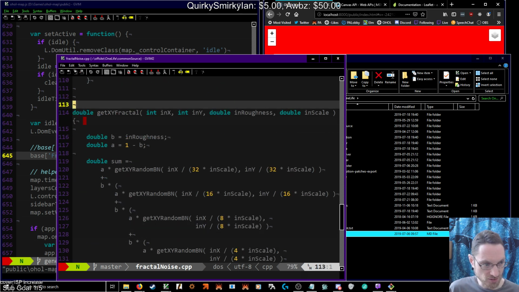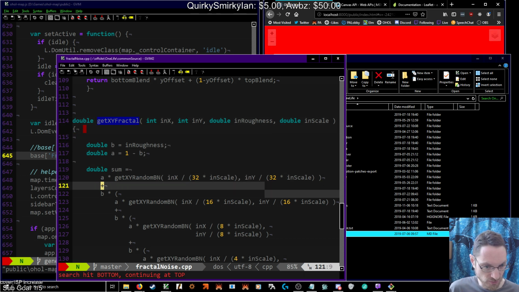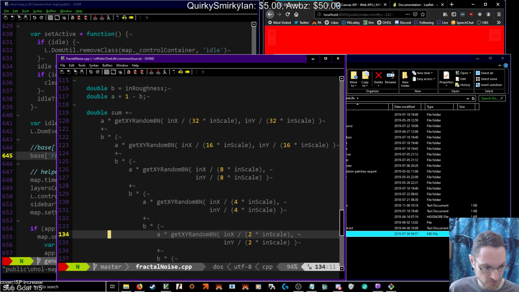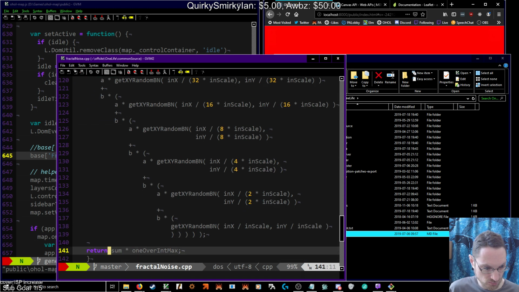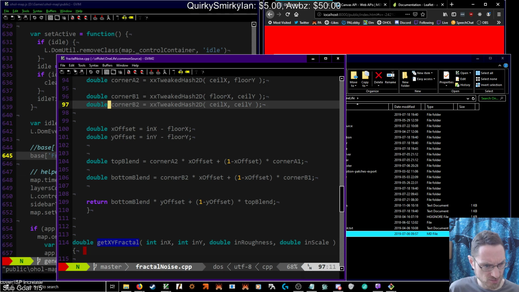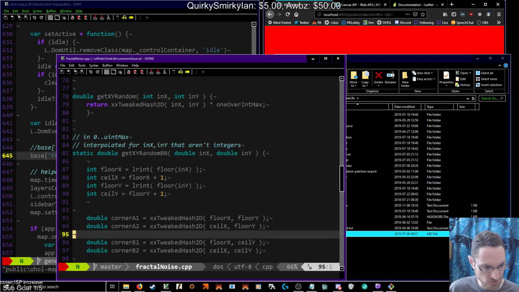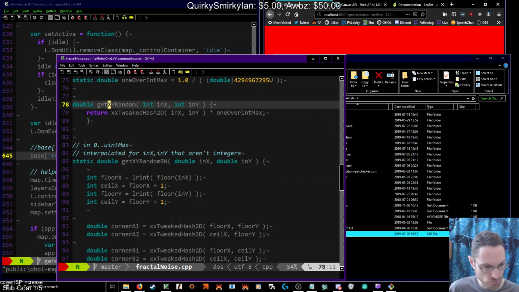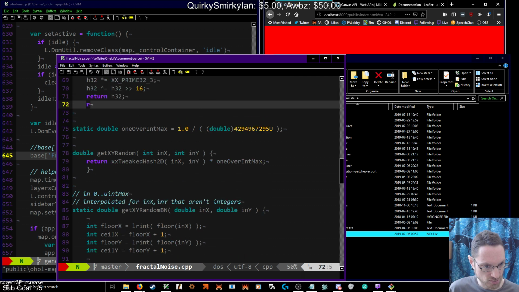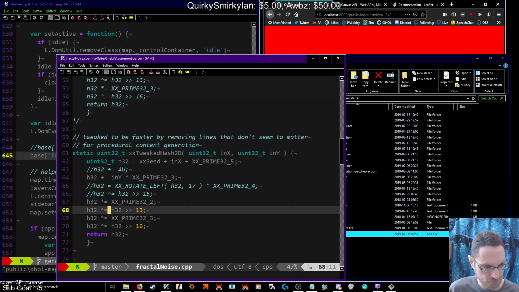All right, so get XY fractal. So we have random BN, which I suppose uses tweaked hash 2D. Get XY random is tweaked hash 2D, with a multiplier.